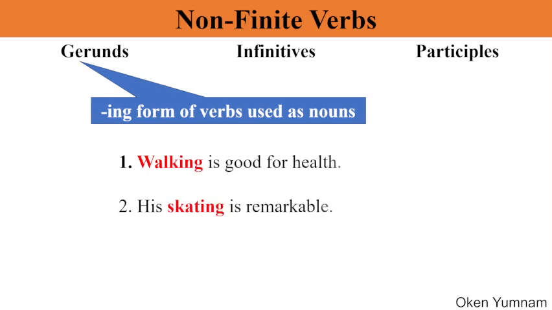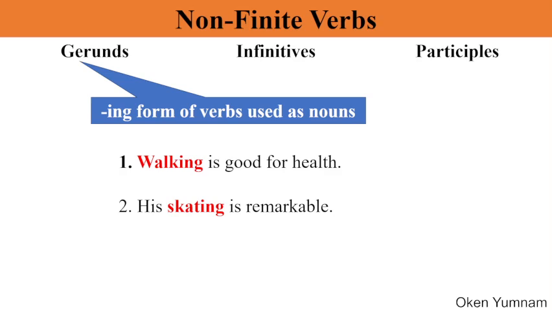Let's see examples here. Walking is good for health. His skating is remarkable. Here walking and skating are verb forms used as nouns. Walking is good for health means the act of walking is good for health. Similarly, skating is a noun. So these are what we call gerunds. Gerunds are -ing forms of verbs acting as nouns.